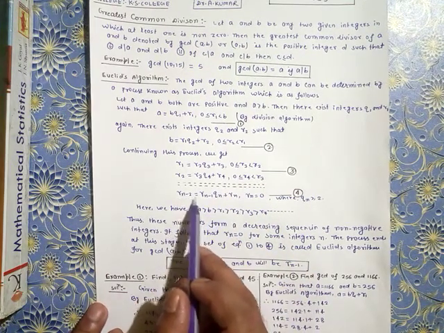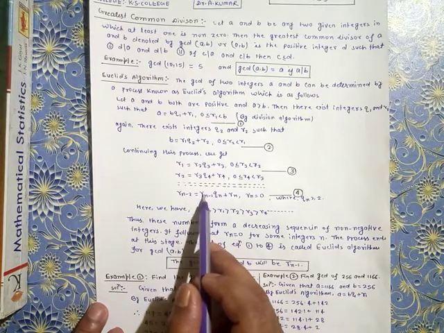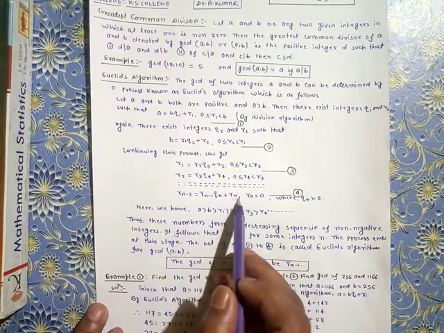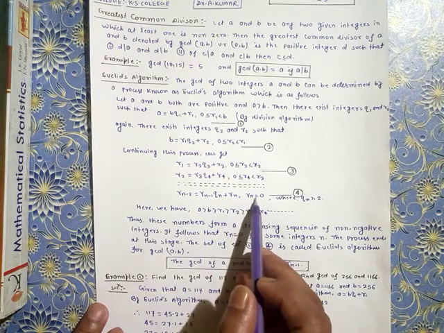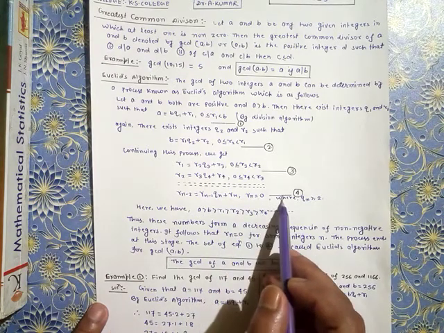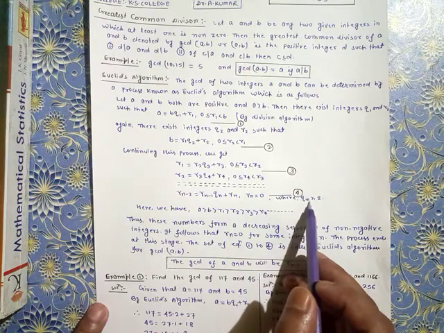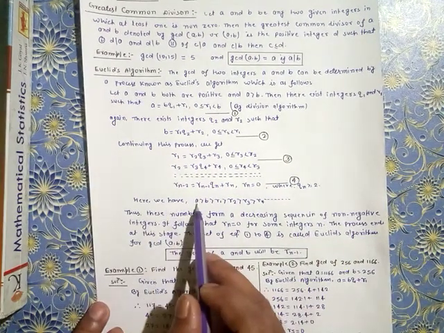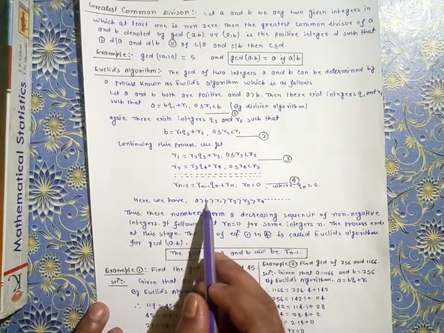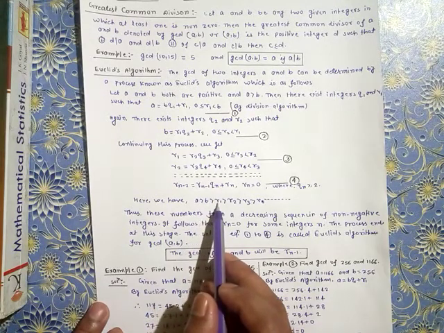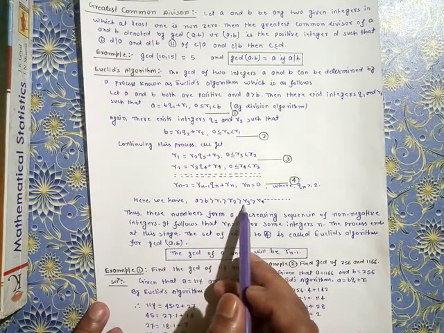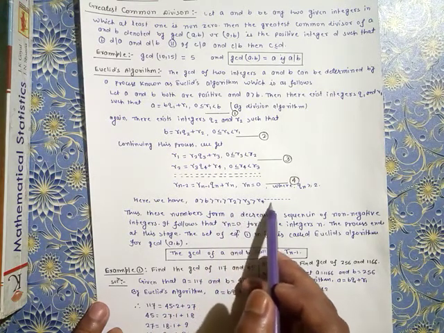rn minus 2 equals rn minus 1 into qn plus rn, rn equals 0, where qn is greater than or equal to 2. Here we have A greater than B greater than r1 greater than r2 greater than r3 greater than r4, and so on.